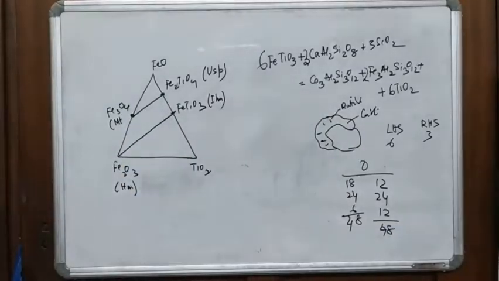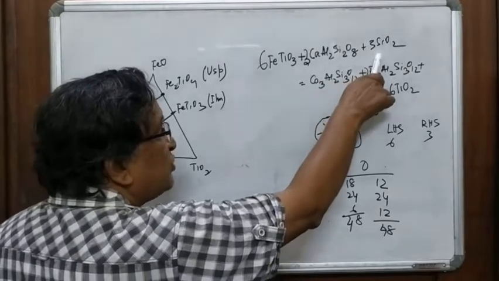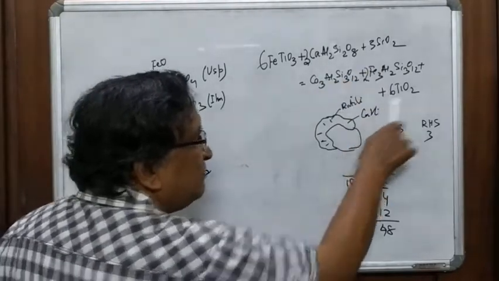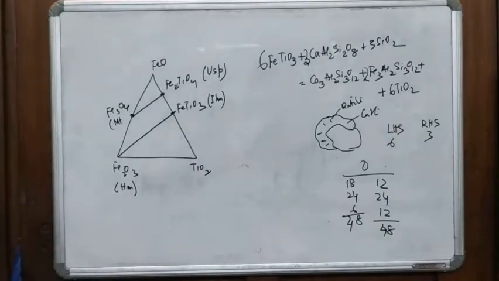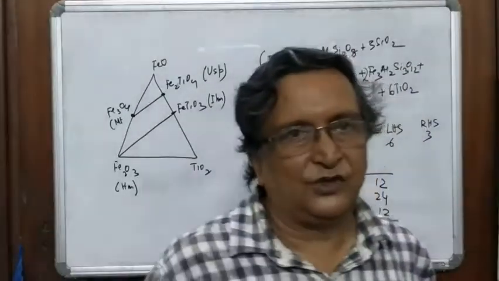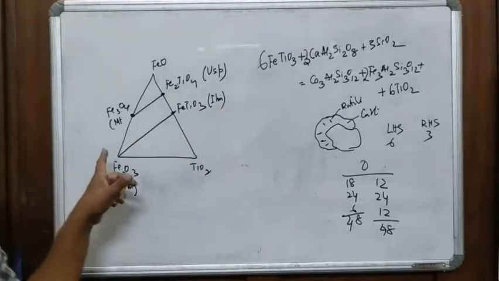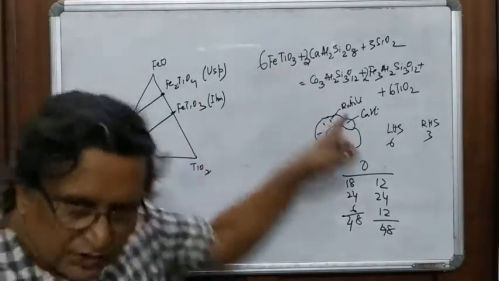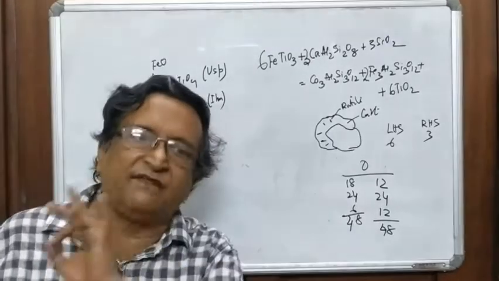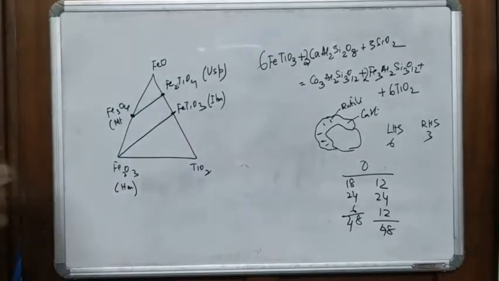So you have ilmenite plus anorthite plus quartz gives you grossular plus rutile. This is another way that you get garnet. But this is not restricted, since it doesn't involve orthopyroxene. It is not only restricted to granulite, but it could be restricted to the amphibolite phases. This is not a reaction that is characteristic of granulite phases. This could also be a part of the amphibolite phases.